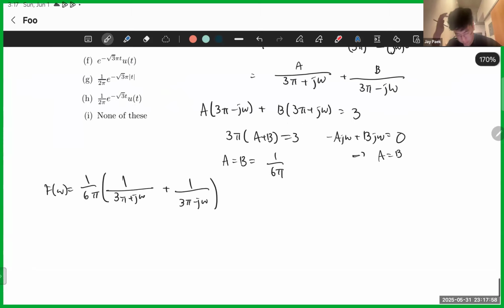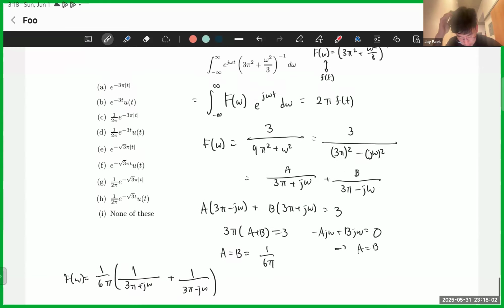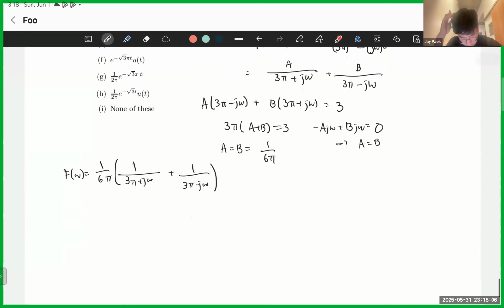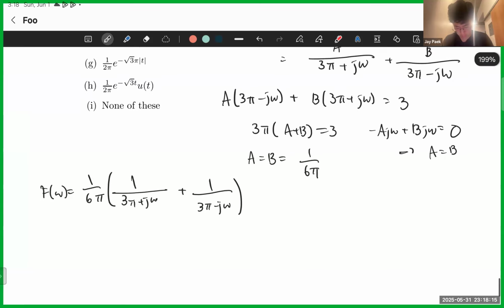Okay? So now we have this. And from here, it's actually very easy because we know the inverse Fourier transform of this and this. Oh, sorry, 1/2 pi. Pardon? Sorry, my eye is hurting.